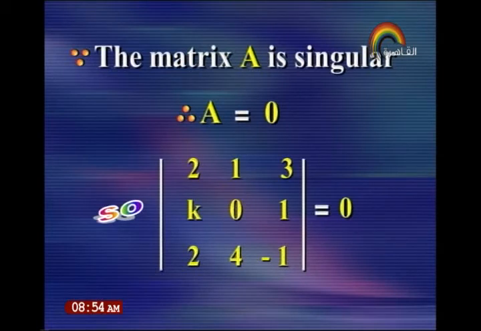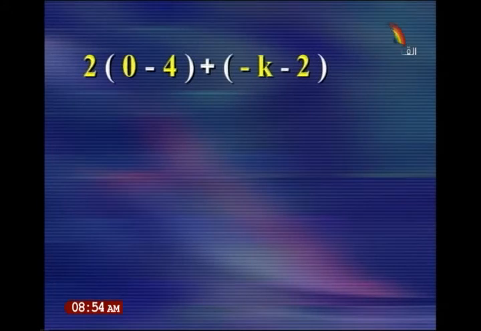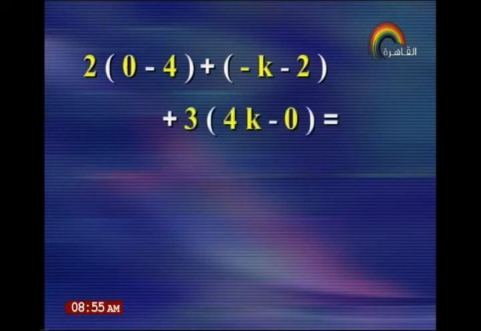Then by using the first row to multiply the determinant: 2 multiply the small determinant 0, 1, 4, -1, minus 1 multiply the small determinant k, 1, 2, -1, plus 3 multiply the small determinant k, 0, 2, 4 must be equal 0. Then 2 multiply bracket 0 minus 4, plus bracket -k minus 2, plus 3 multiply 4k minus 0 equals 0.